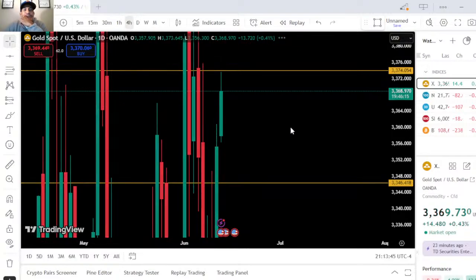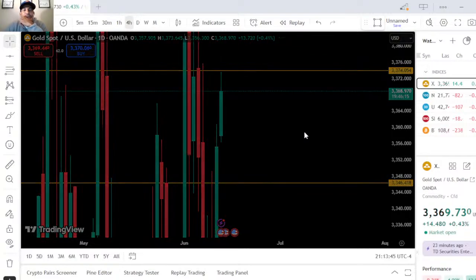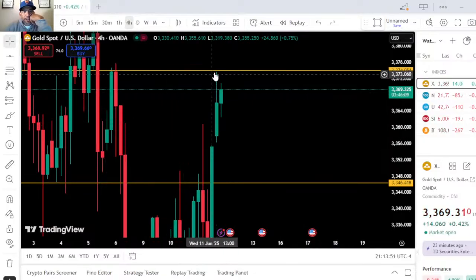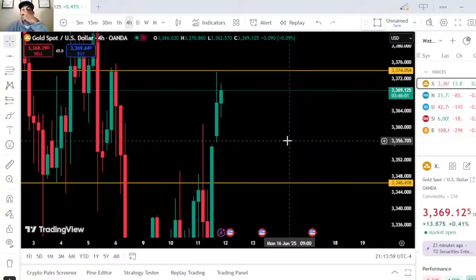We are getting that rejection. That's one thing that I'm keeping an eye on, because when we made this move up, we got that rejection off this level here, right? And then again, we got that gap to fill.